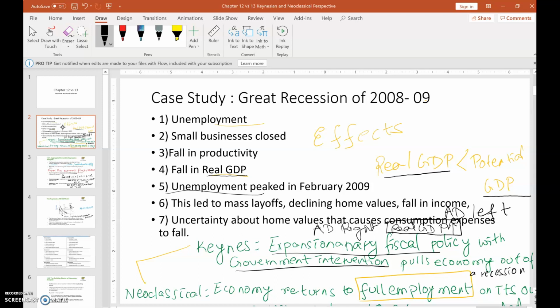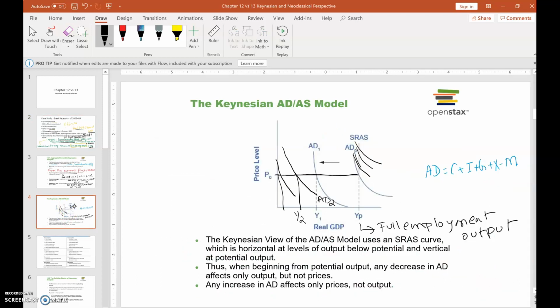Unlike the neoclassical perspective, according to which the economy returns to full employment on its own without any kind of government intervention. This is the basic difference between these two models. Now, over here I have the short-run aggregate supply curve.